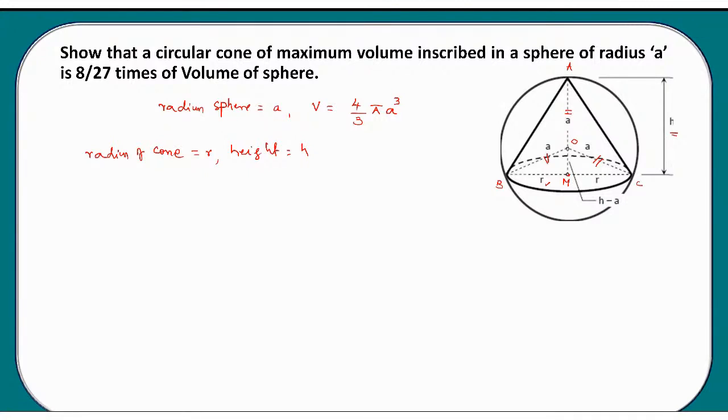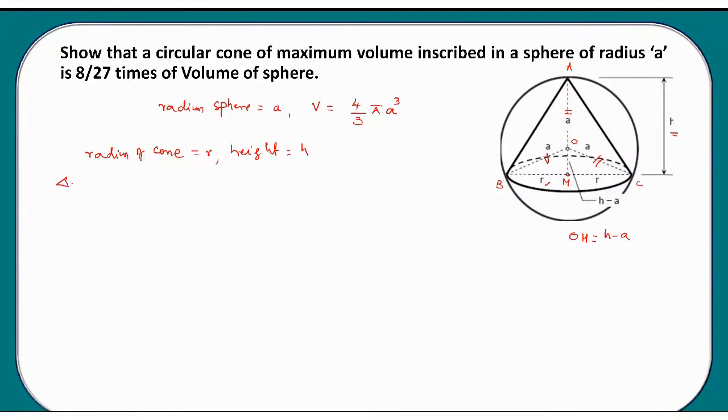Thereby, what is OM equal to? OM becomes H minus A. Now consider the triangle OBM.